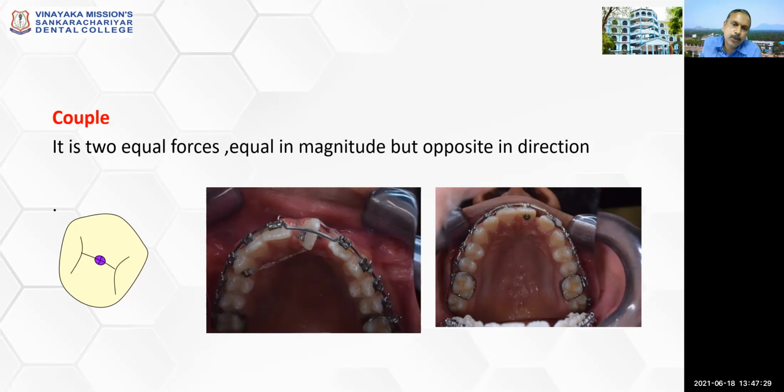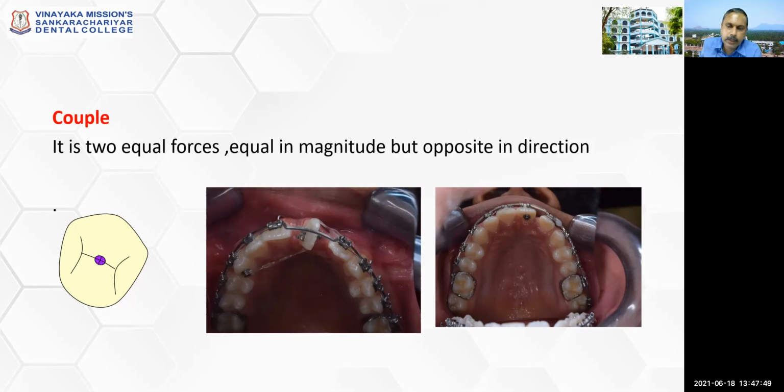As I mentioned to you in the last slide, moment is the tendency to rotate, but the rotation can happen on its axis or away from its axis. If it is on its axis, which is a pure rotation or pure moment, that is called a couple.